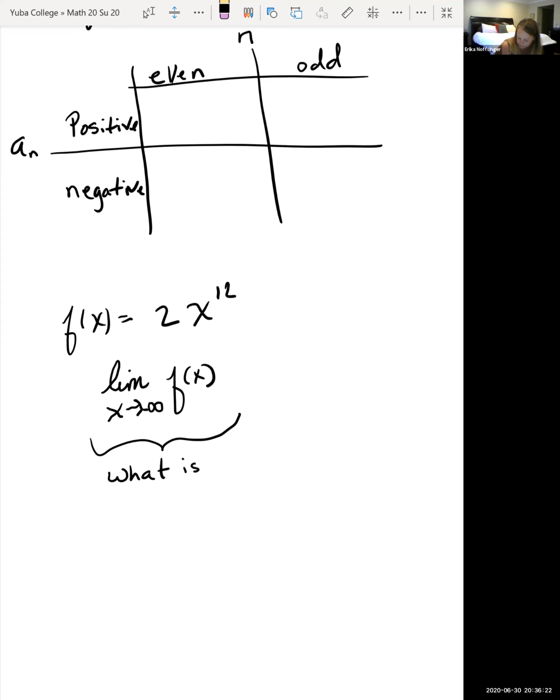Well, if you raise a negative number to an even power, is the result going to be positive or negative at the end?